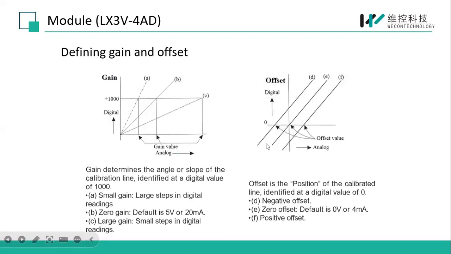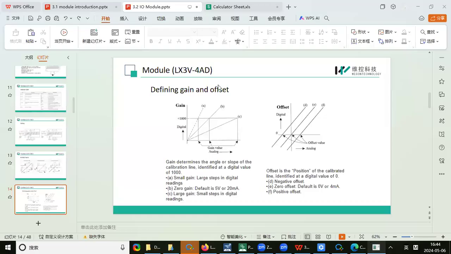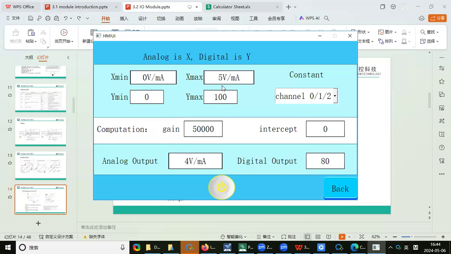We can also use the same demo to calculate how to set the value of gain and offset, if we want to know, for a certain analog input, what the digital output we receive is.